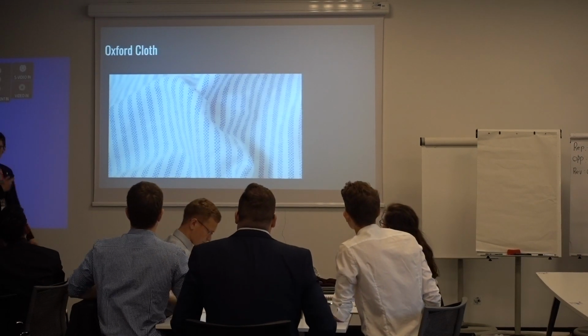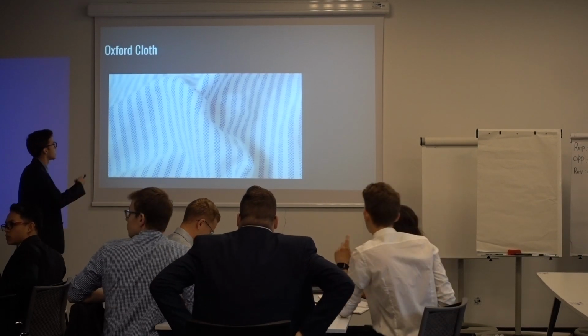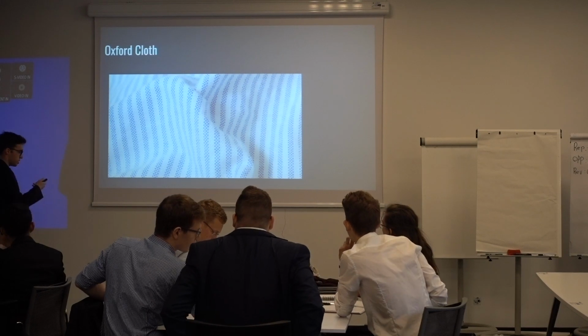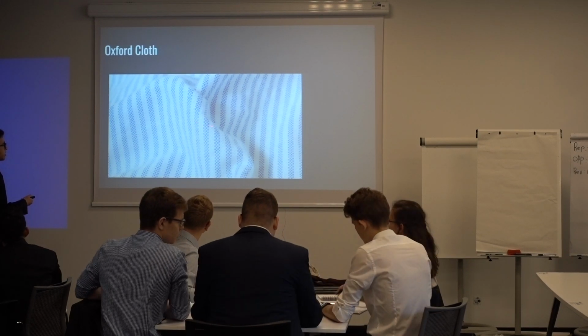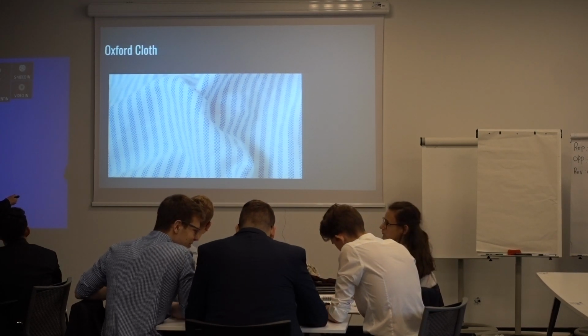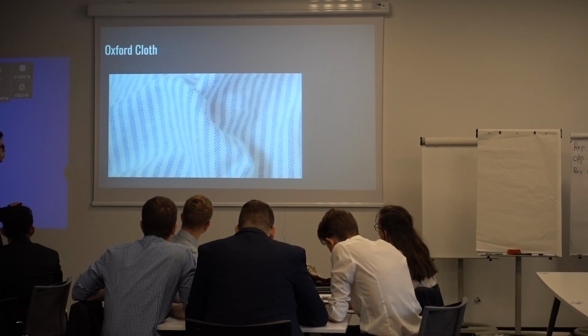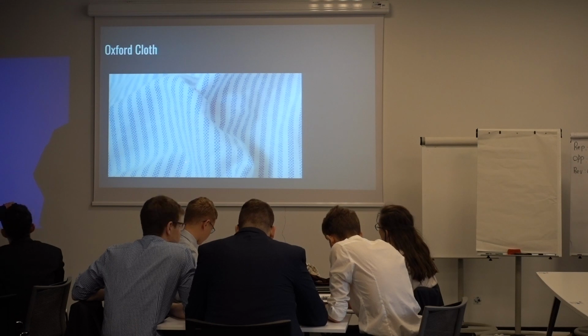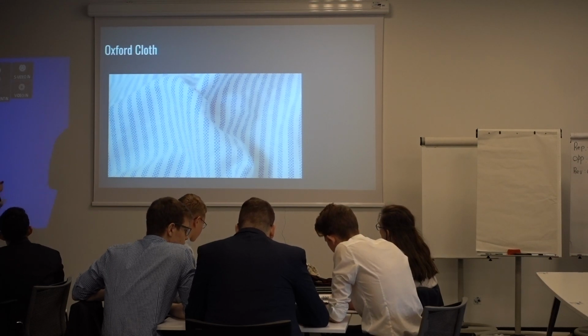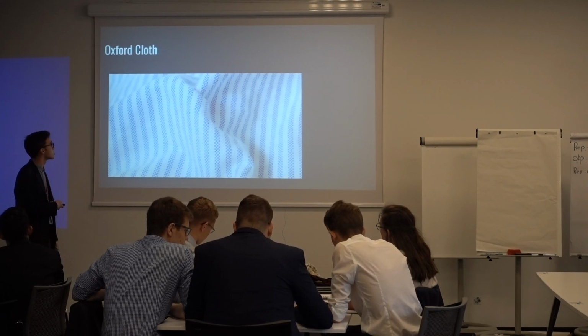Okay, so there are some more complex fabrics like the Oxford cloth. As you can see, it has a horizontal and vertical component, but there are some prominent diagonal lines. So there are lines like that, and this is what the human eye sees first.